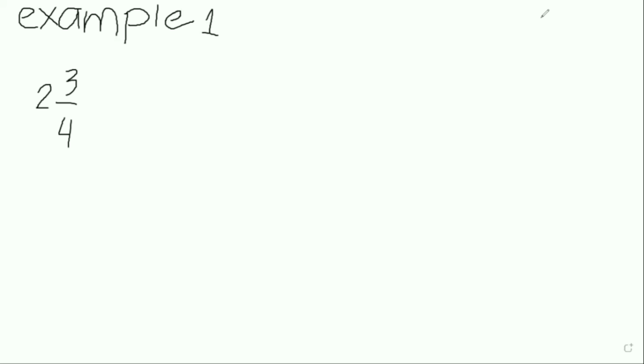Our first example is 2 and 3/4. So following the step-by-step procedure that I have mentioned earlier, we are going to multiply first the denominator with the whole number. So that is 4 times 2 equals 8.